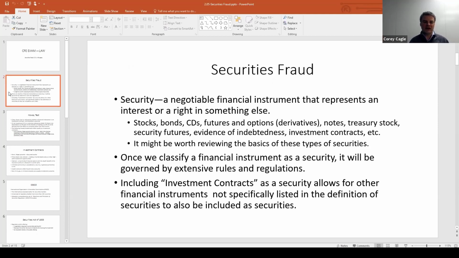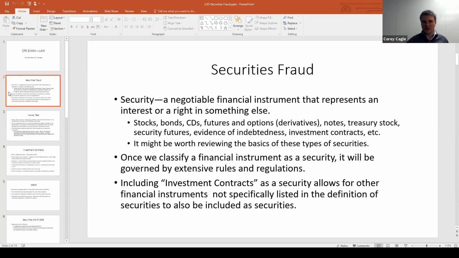And things that are classified as securities are stocks, buy and sell those, bonds, CDs, futures and options, derivatives, notes, treasury stocks, security futures, evidence of indebtedness, investment contracts, etc., etc., etc. It may or may not be worth getting the very basics of these types of securities definition-wise. You probably already know, right?